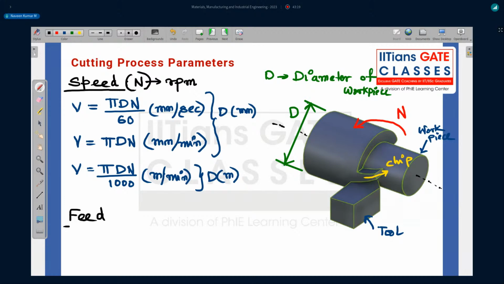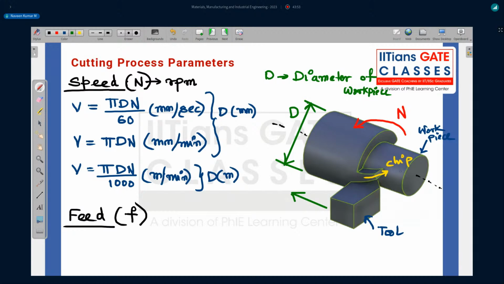Good. Next one is feed. So, what is feed? It is represented by small f. If you see here, the tool is going in this direction. And as it is going, you can see there is some movement of the tool for each rotation.